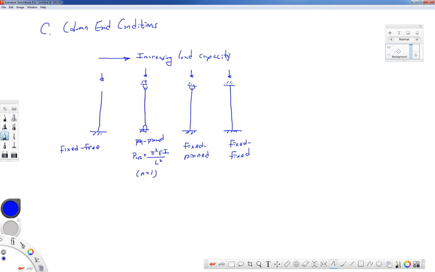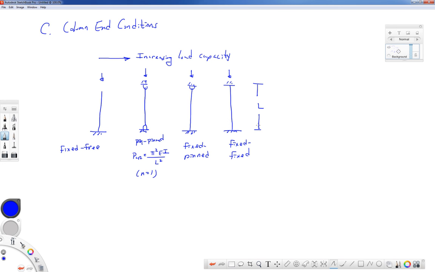So a fixed and fixed column can hold the most load for the same length. And then the next one would be your pinned and fixed, a little bit less load, pinned and pinned, even a little bit less, and the weakest one, the one that holds the least weight, would be our fixed and free column.